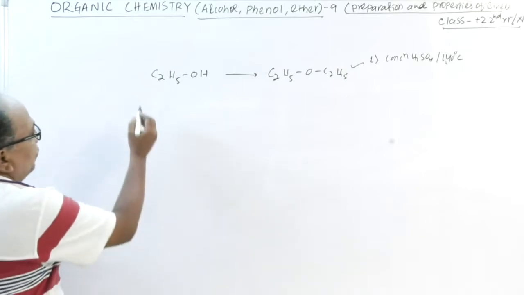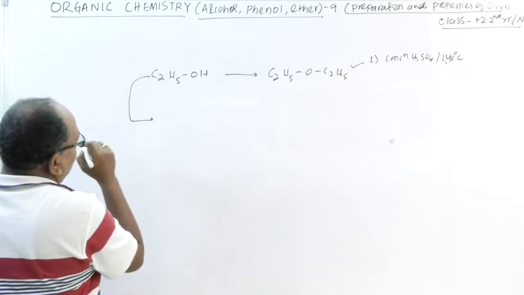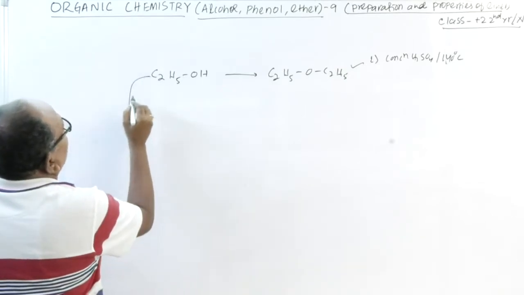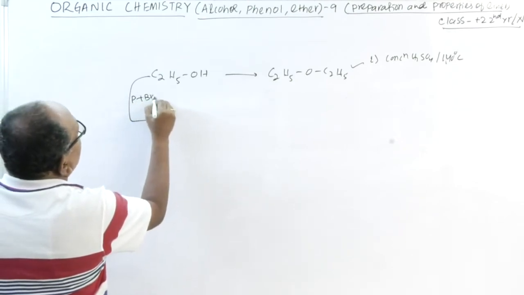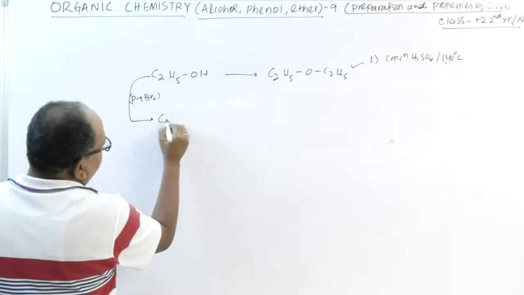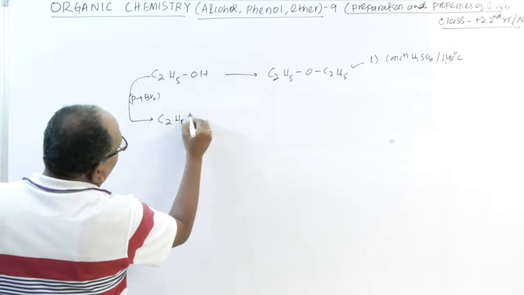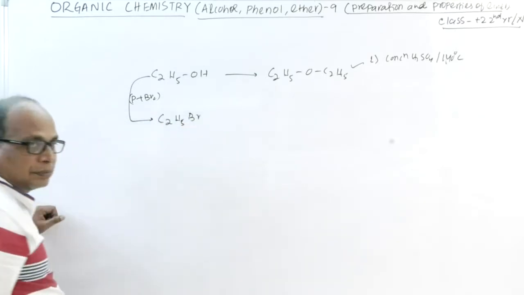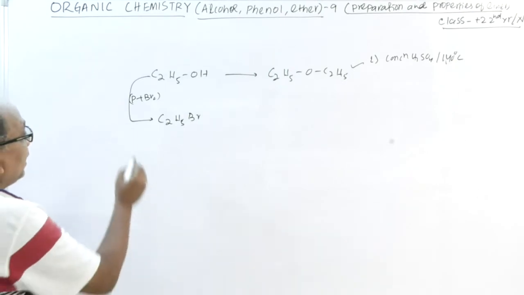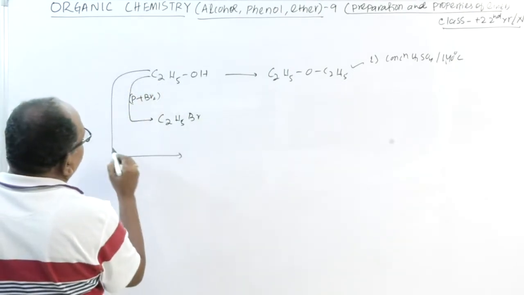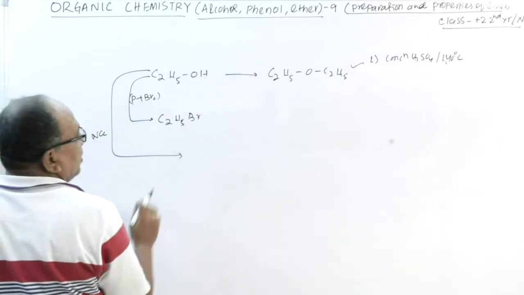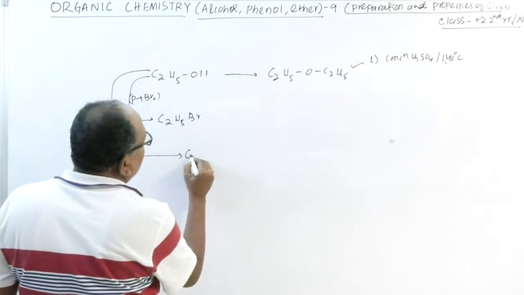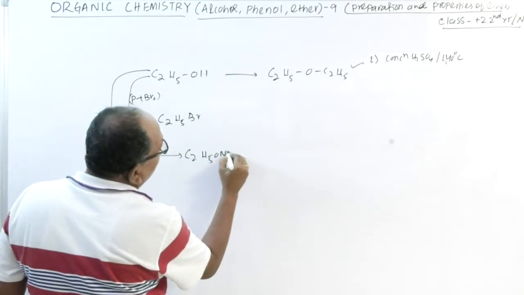So what will I do first? This is first converted into what compound? Suppose this is treated with phosphorus plus bromine. So this OH group becomes C2H5Br. Now again this is treated with metallic sodium. This H is lost because of acidic nature, and this becomes C2H5ONa.